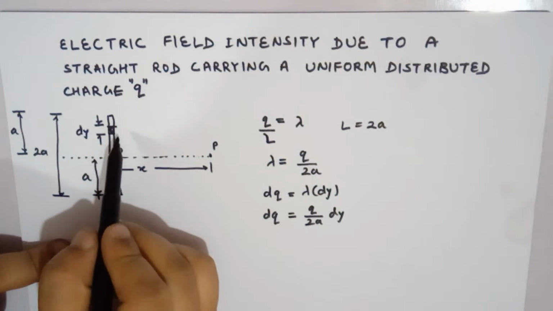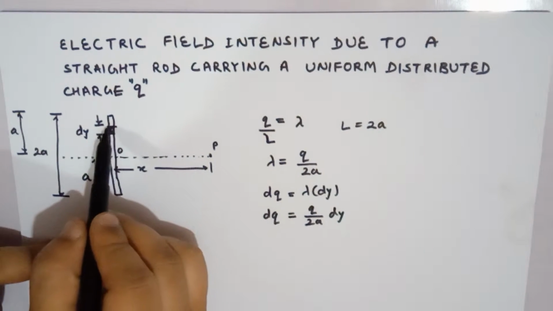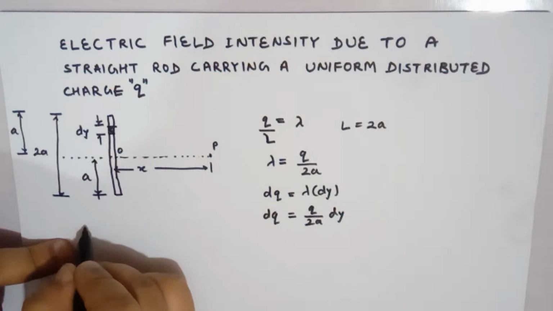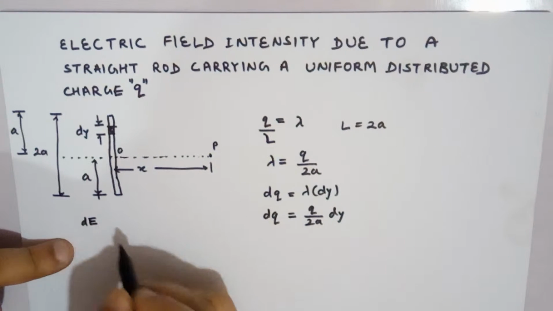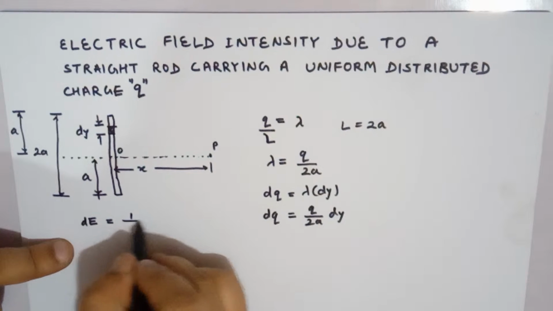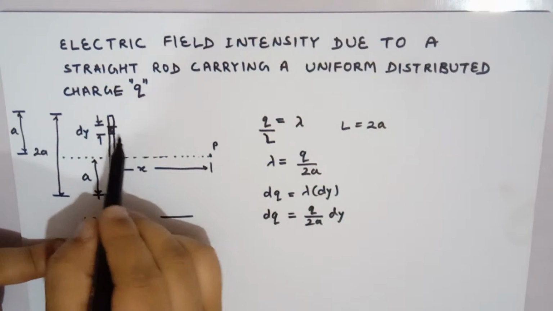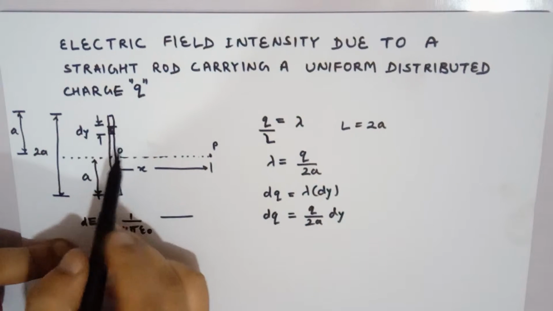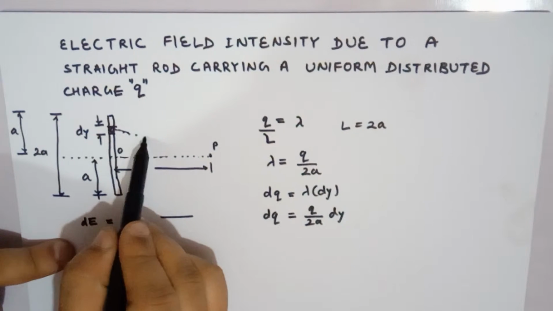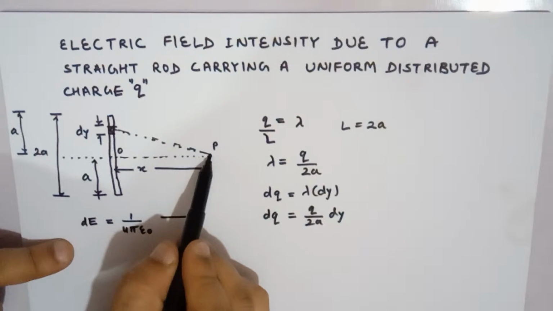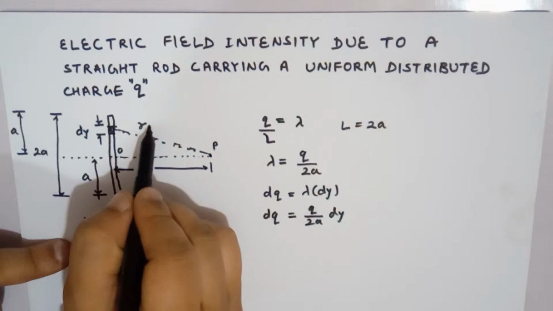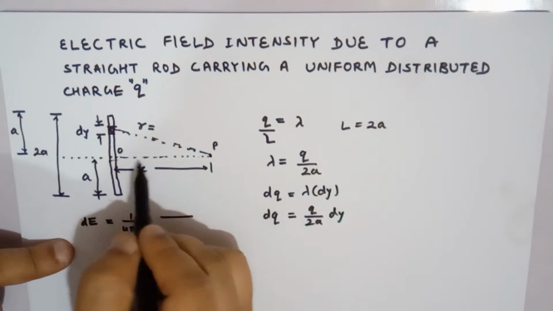The electric field intensity at point P due to this segment would be dE, and that would be 1 upon 4 pi epsilon naught, divided by the square of the distance of that particular segment, and that distance is r, the hypotenuse of this triangle.